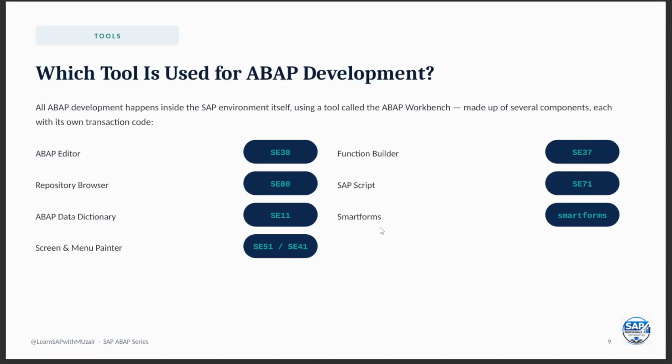The Screen and Menu Painter uses SE51 and SE41. The Function Builder uses SE37, SAP script uses SE71, and Smart Forms simply uses the transaction code SMARTFORMS. These transaction codes will become very familiar if you start practicing on SAP ABAP.